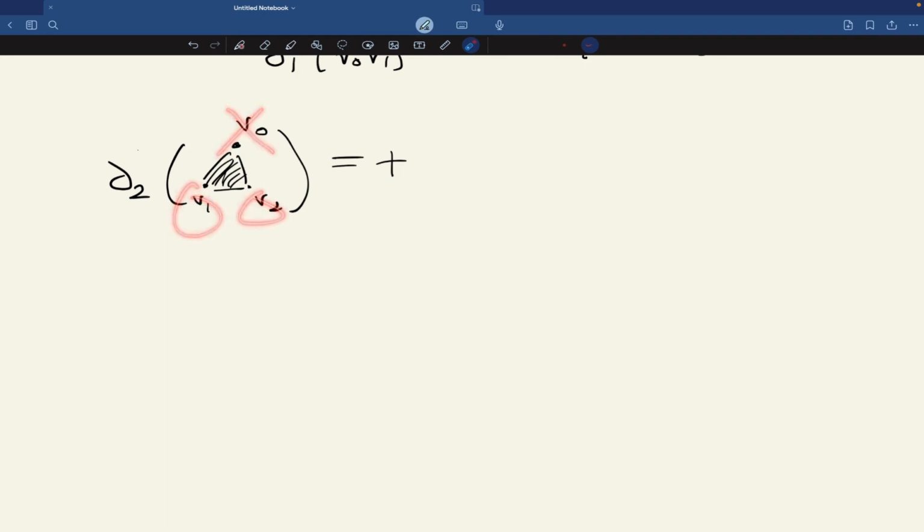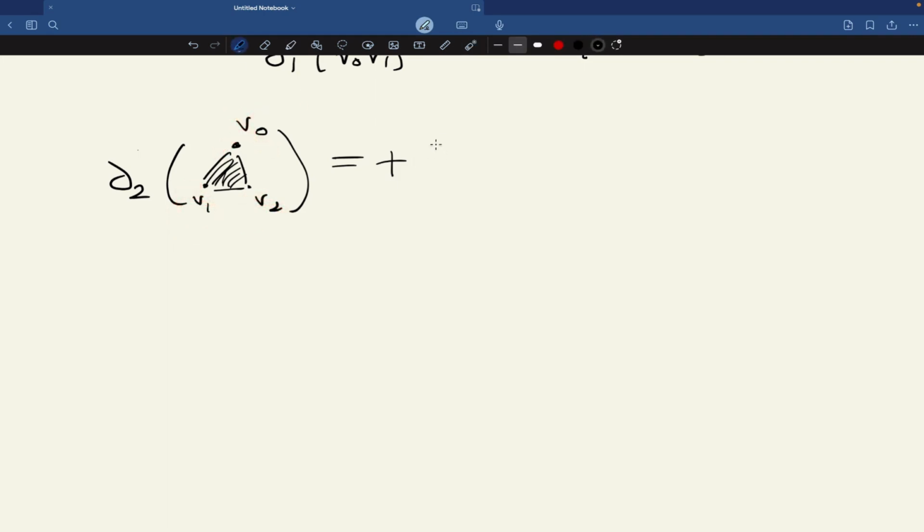So let's calculate del. Since we are considering a two simplex, we'll write subscript 2 here, and I'll have something like this: v0 v1 v2, with edges, and the triangle is filled. So let's compute the boundary of this simplex. The boundary will be what? Plus, you eliminate vertex v0, and you are left with v1 and v2 only.